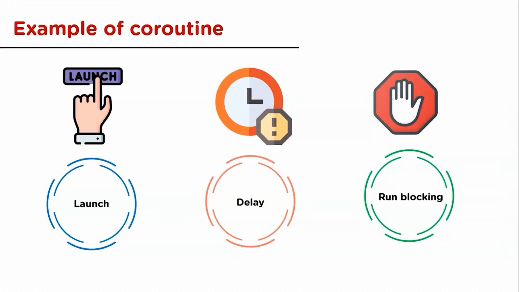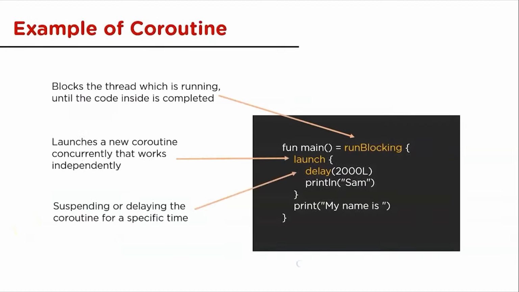Now, as we can see in this example, here the runBlocking refers to the thread that runs it, that is the main thread. It is the scope of the coroutine. Launch. Here launch will launch a new coroutine concurrently. Then there is delay. Delay will suspend the coroutine for a selected time.